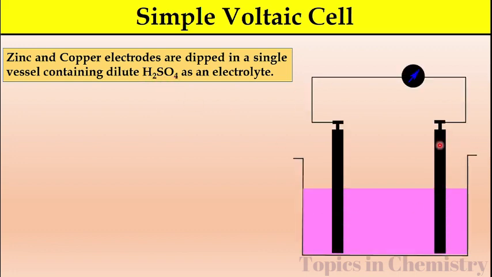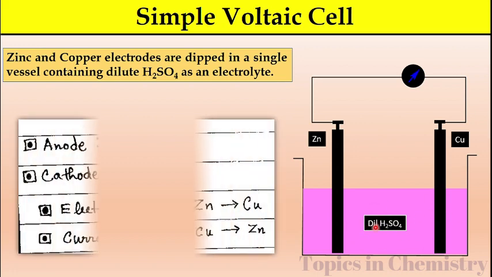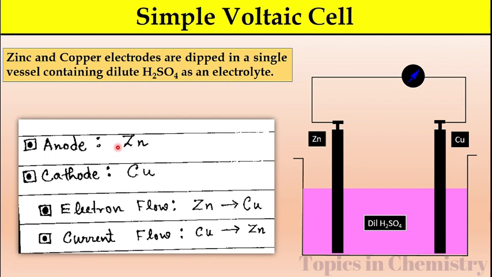Here is the representation of that cell. This is the zinc electrode, this is the copper electrode, and this is the electrolyte, dilute sulfuric acid. So anode is zinc, cathode is copper. This is the left hand electrode, that means the anode, and this is the right hand electrode, so it is the cathode.